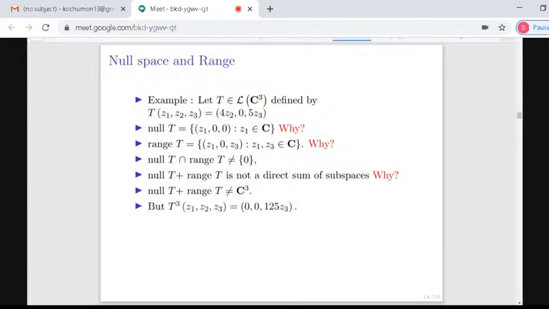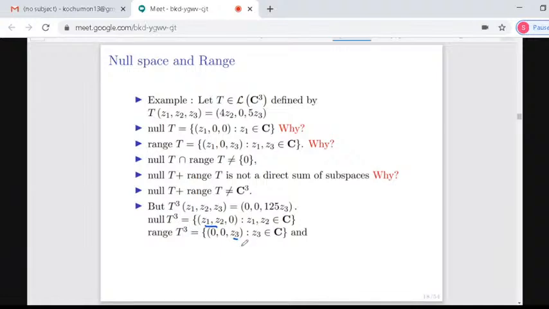Now consider T cube. If you do this calculation, you can find the value. I'm not doing this calculation because there should be some fun for you people who do this later also. In this case, it is easy to read off the null space from here. This is the first two space, and then the range is this space.